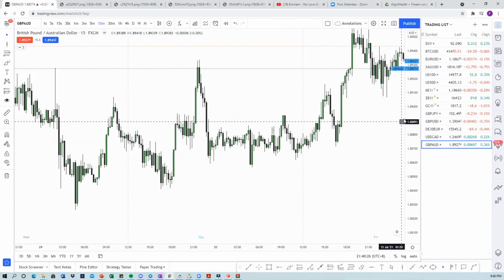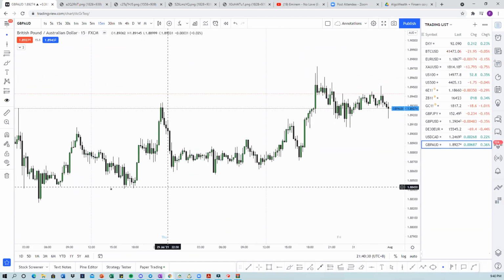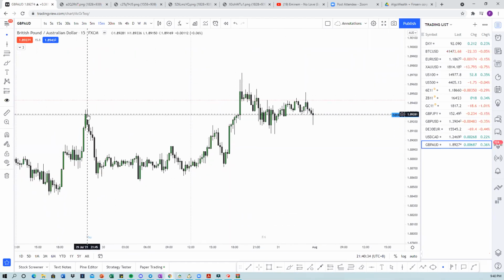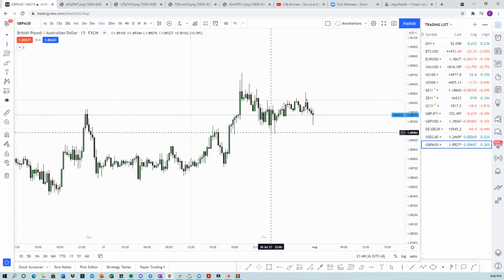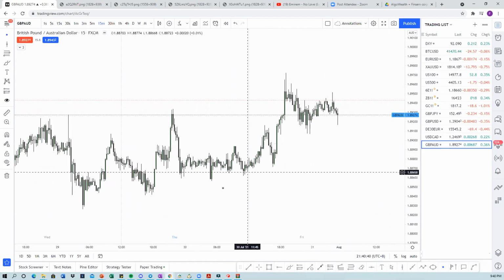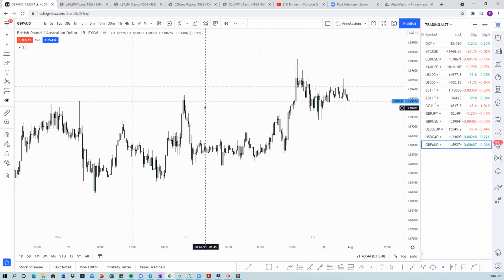That's the importance of time and then price. You see how it stayed inside one range, and on Friday it went slightly above but no different than this range, and it just stopped there. On Thursday and Friday you can participate in trades, but you want to limit your take profit.